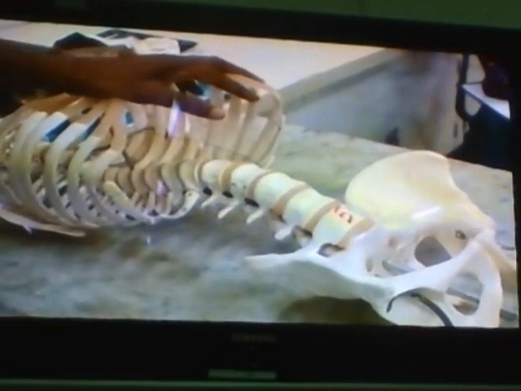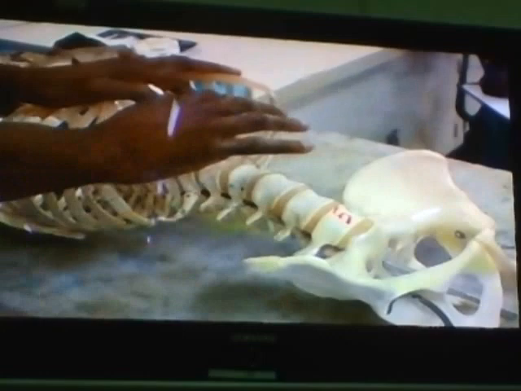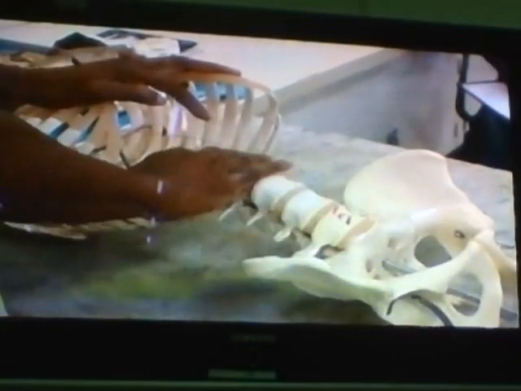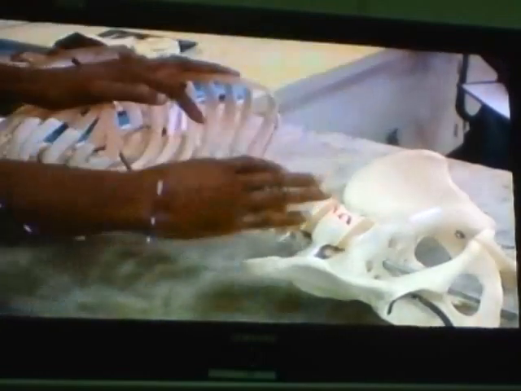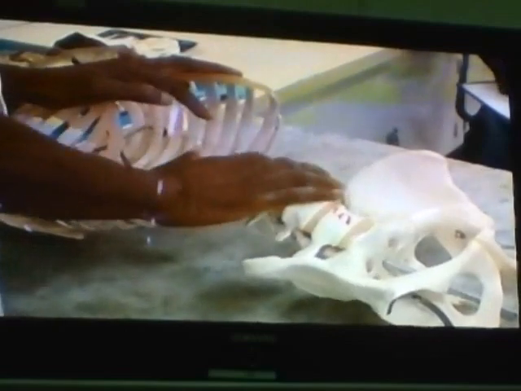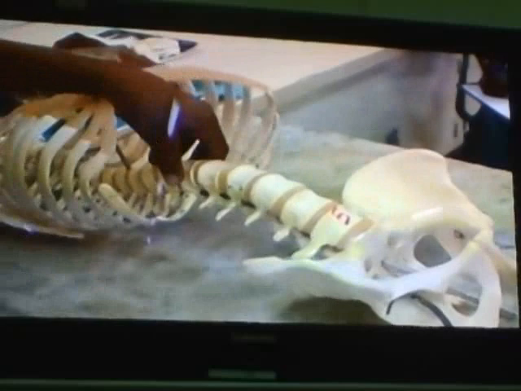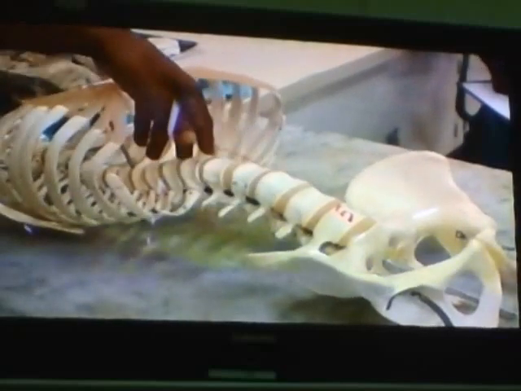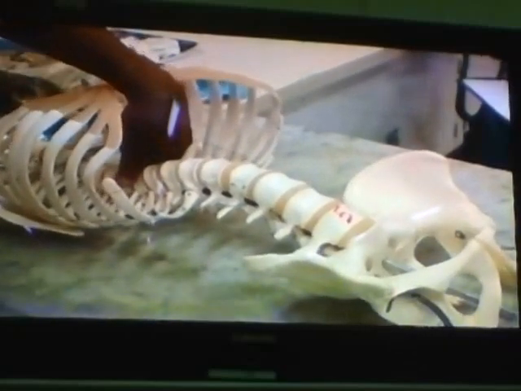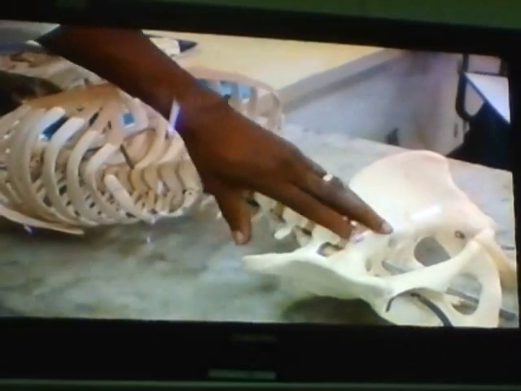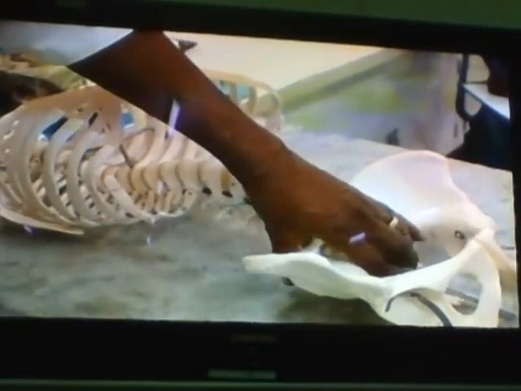Now, significant for the posterior abdominal wall is the presence of the lumbar vertebra. And how many lumbar vertebrae do we have? 5. How many thoracic? 12. How many sacral? 5. Good.